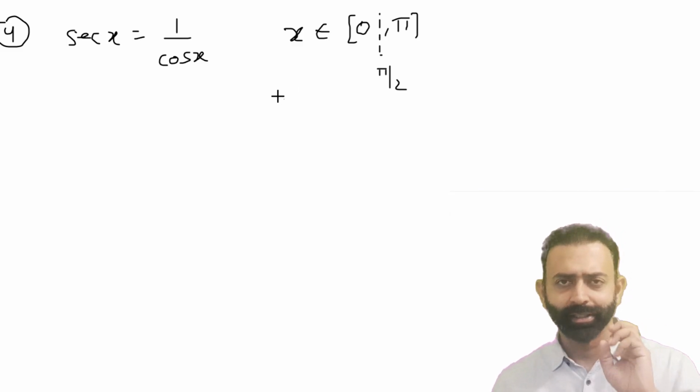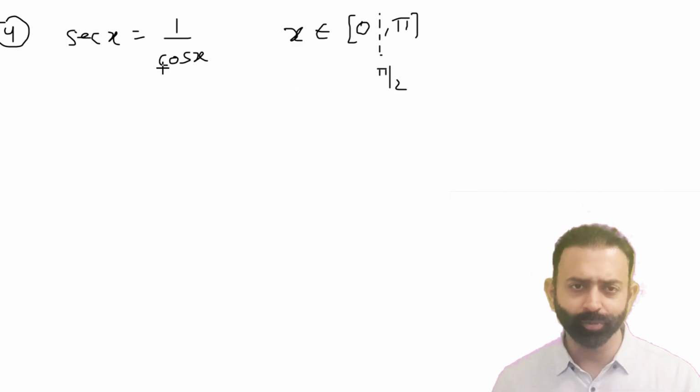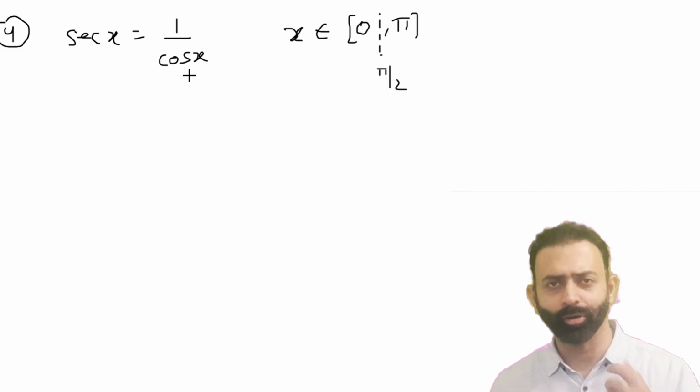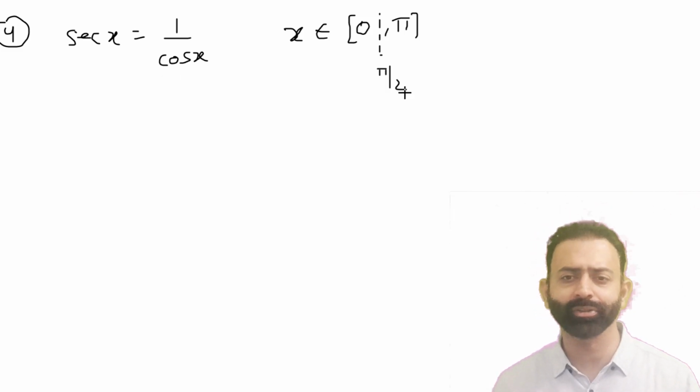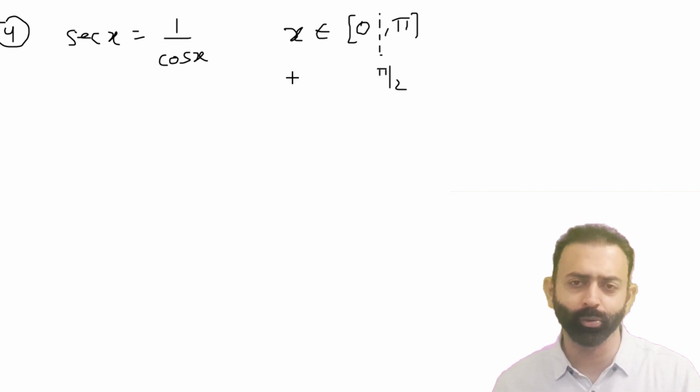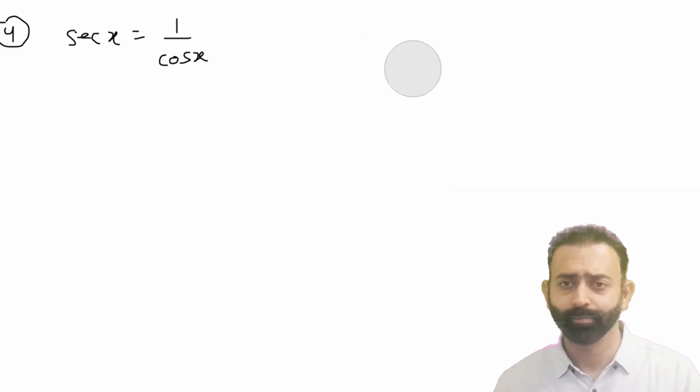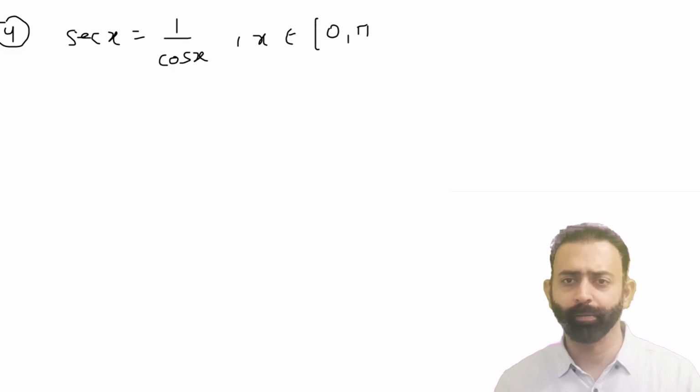So restricting the domain in case of sec x is the same as restricting the domain for cos x, except that we need to exclude this point pi by 2. So we mention the domain for sec x as x lying between 0 to pi by 2, excluding pi by 2, and then from pi by 2 to pi.